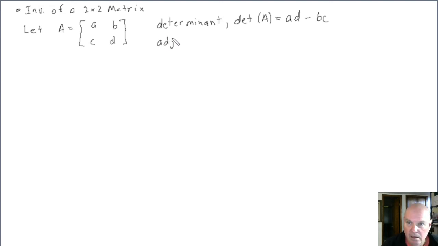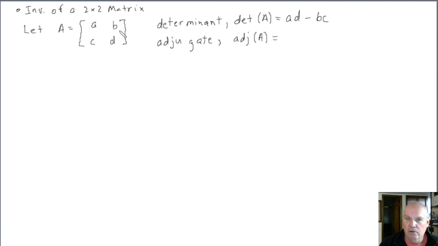And then the adjugate matrix. Now, some texts refer to this as the adjoint, but the adjoint typically means something else in modern linear algebra. So it's more properly referred to as the adjugate, but you may have heard it referred to as the adjoint matrix previously. Now the determinant is a single number.